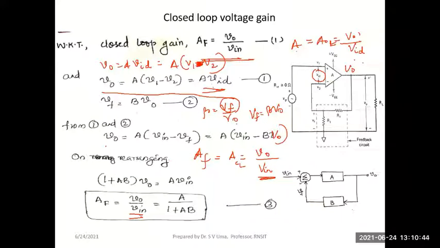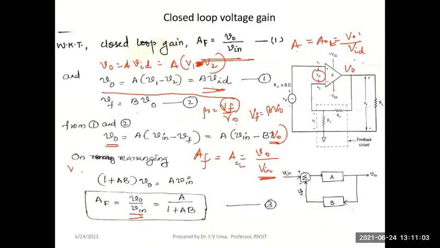Okay. Now, let's try to rearrange the terms, regroup. I have a V0 on the left hand side. I have one on the right hand side. Therefore, if I shift, this will be minus A beta V0.